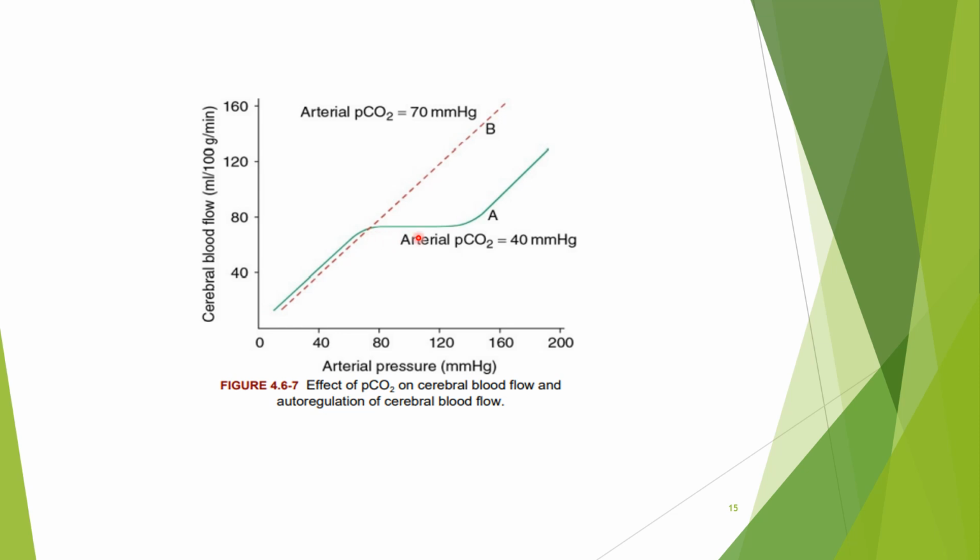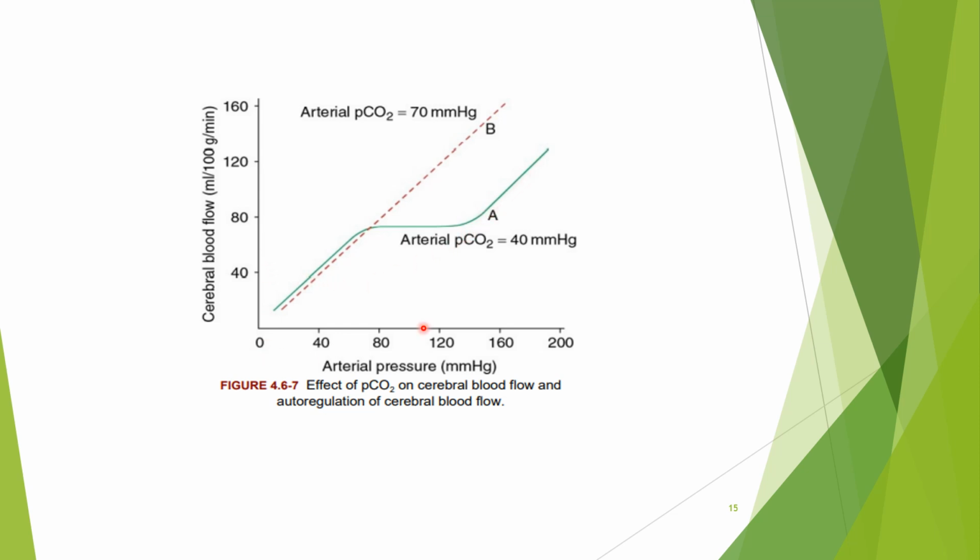Then between 60 to 140 mmHg, because of auto regulation of the cerebral blood flow, the cerebral blood flow is not increasing, although the blood pressure is increasing. Then after it crosses 150 or 140 mmHg blood pressure, it cannot have auto regulation either. Then the cerebral blood flow is increasing.